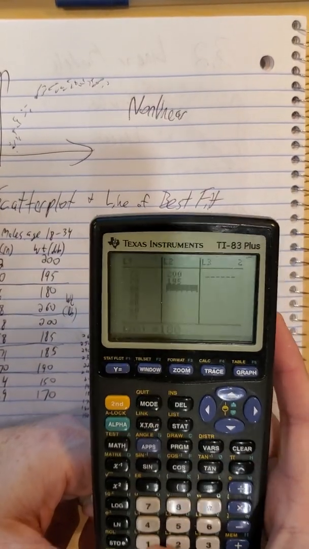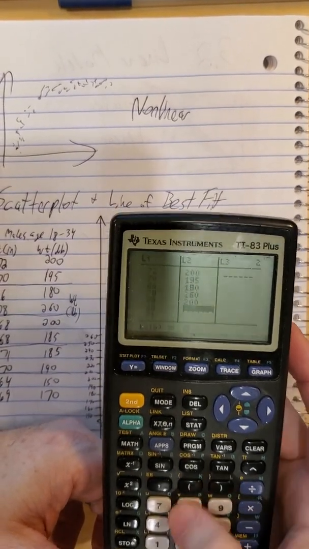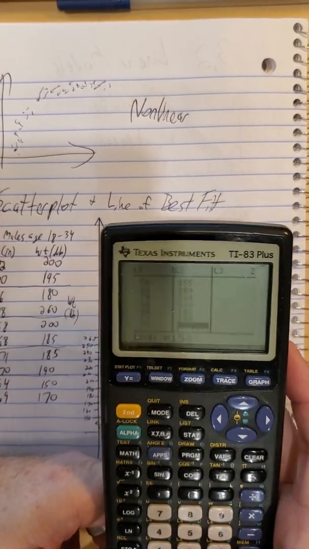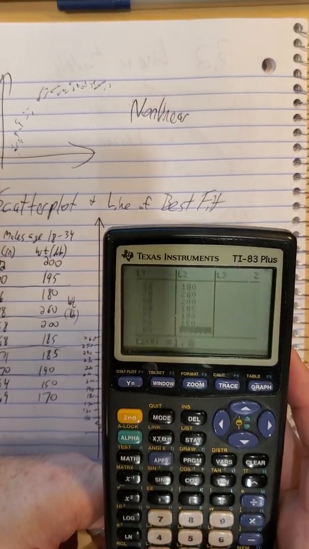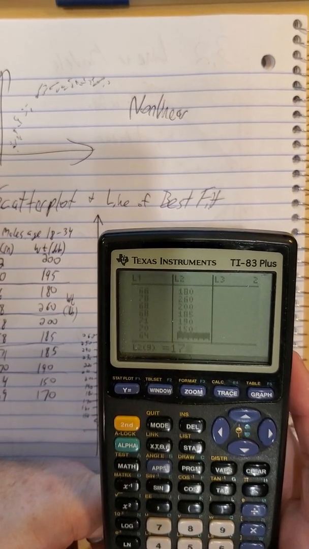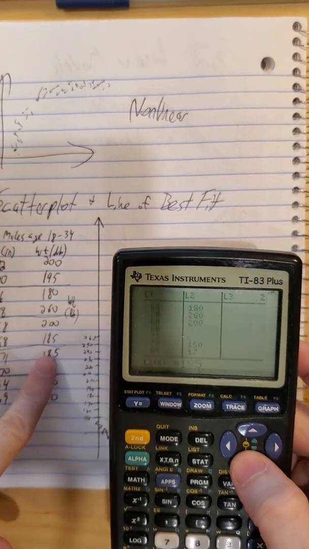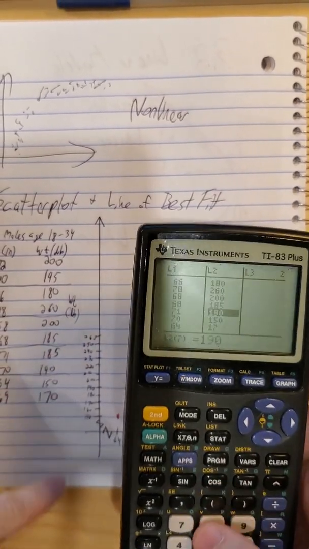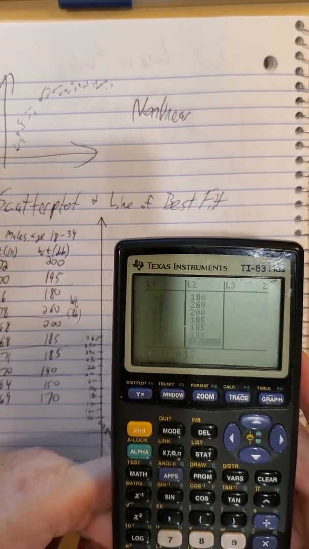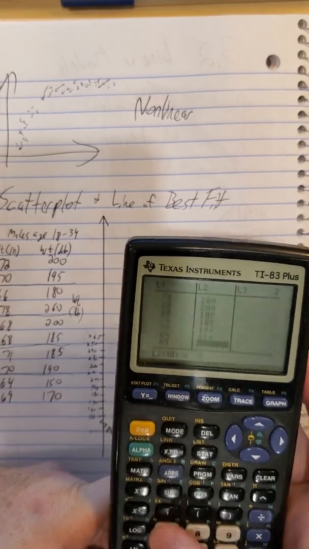So 200, 195, 180, 260, 200, 185, and I missed one of my 185s. So 200, 185, another 185, then a 190, then a 150, and finally a 170.